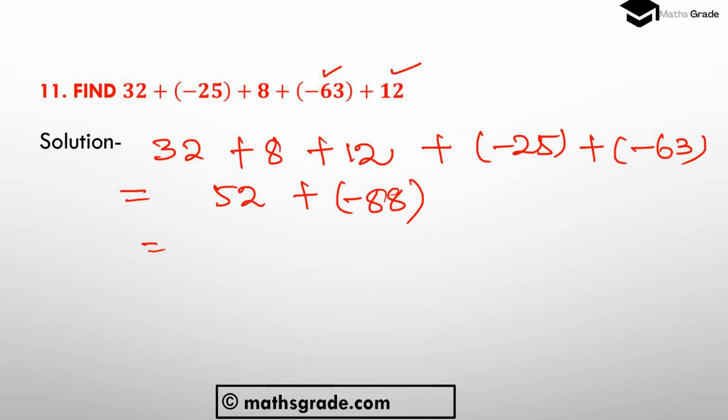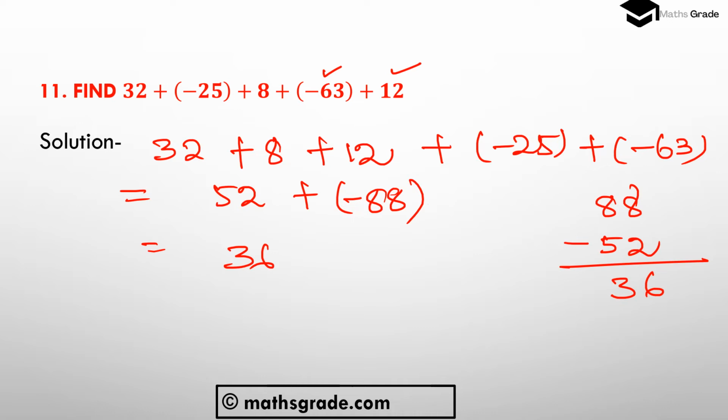Now 52 plus minus 88. When we add two integers which are of different sign, then subtract the smaller integer from the bigger integer. Here the bigger integer is 88 and the smaller integer is 52. Now subtract these integers. 8 minus 2 is 6, 8 minus 5 is 3. Now this is 36. Put the sign of the bigger integer.